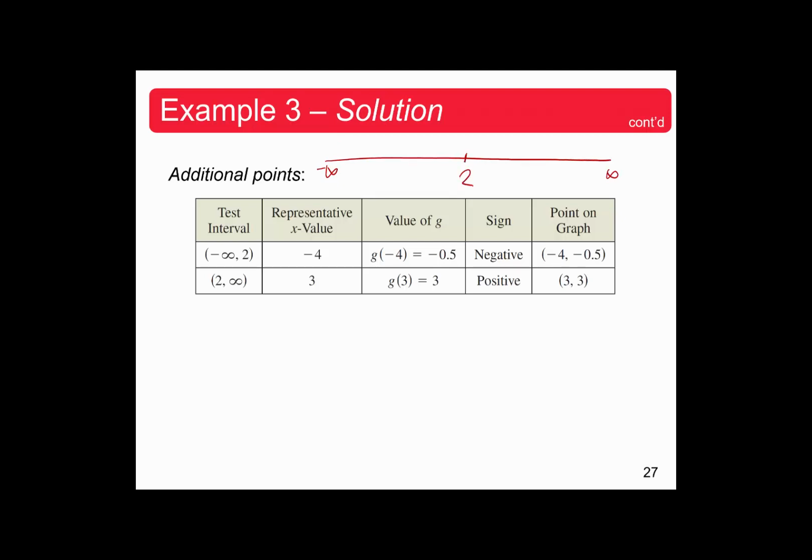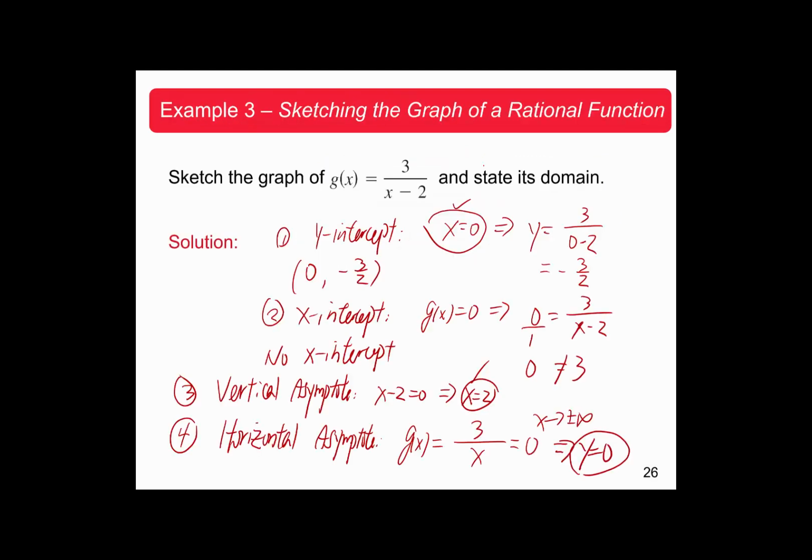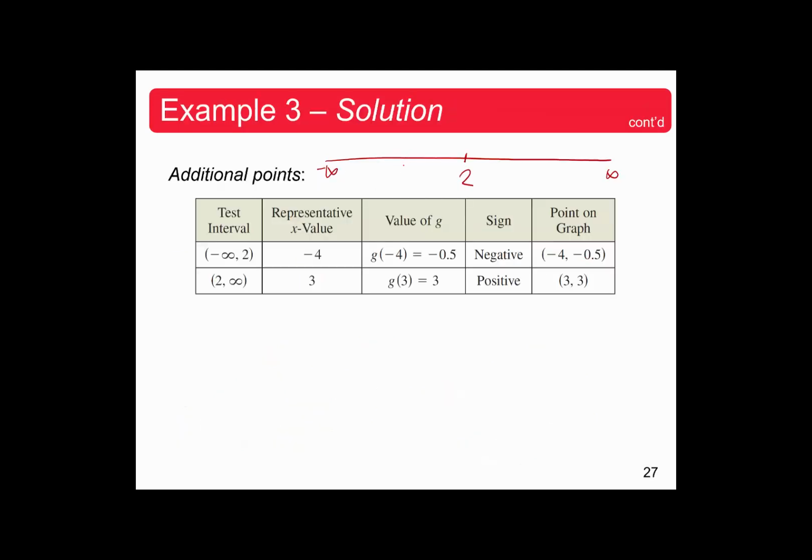If you want, you could just separate into 2 intervals and test each one of them. So negative infinity to 2. We can also include this 0 here, so we could end up with 3 intervals. First interval, second interval, and the third interval.